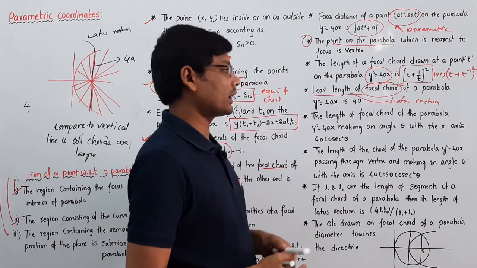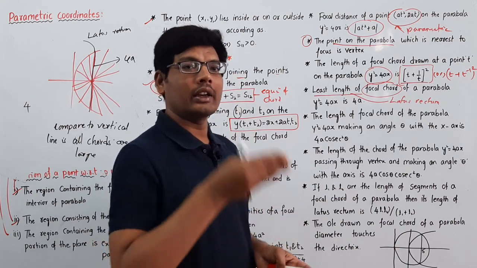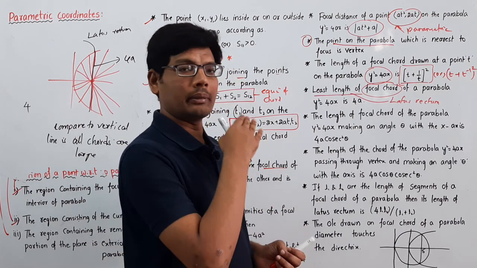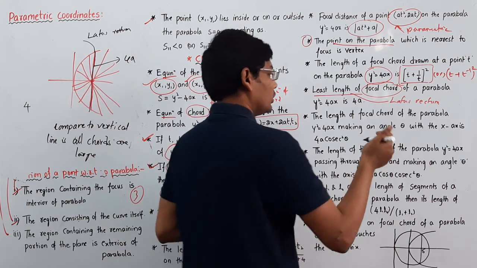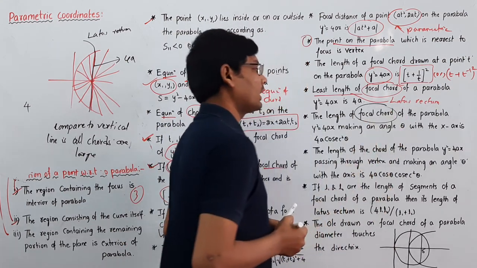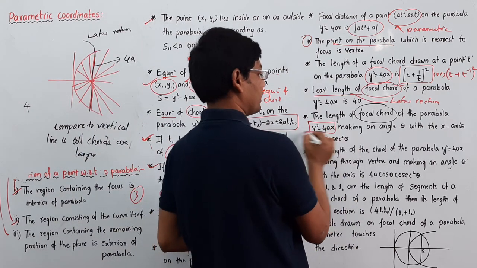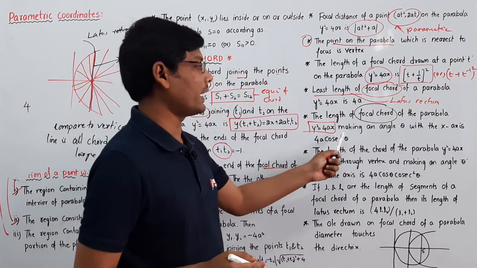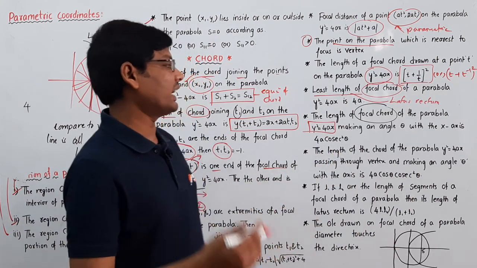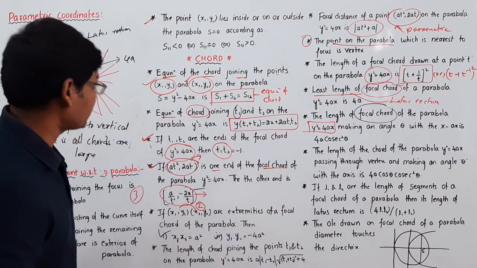The focal chord can be inclined, or it can be perpendicular, it can be slantwise. So the length of the focal chord of a parabola, the standard form y square is equal to 4ax, making an angle with the x axis. This is an important one.